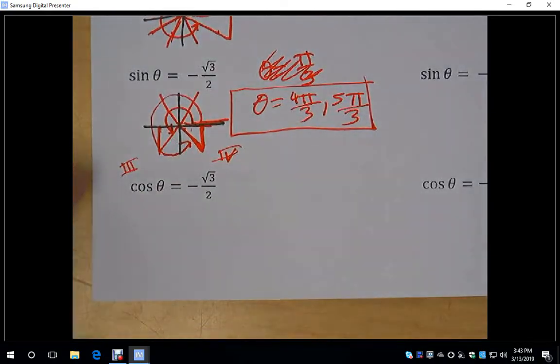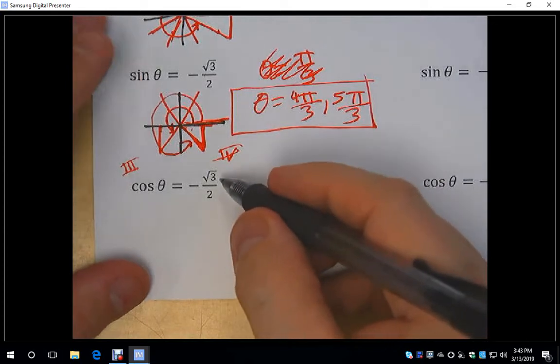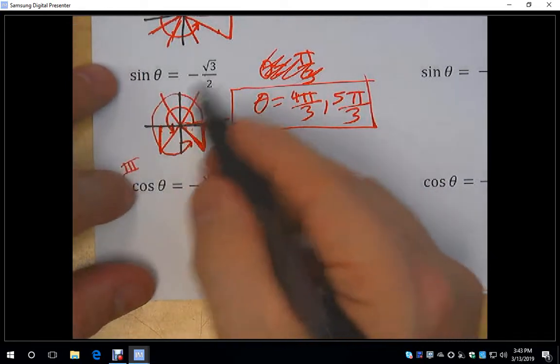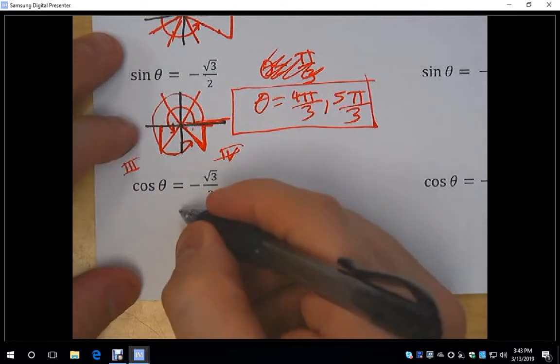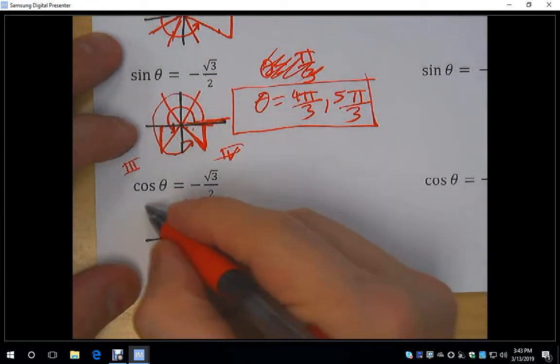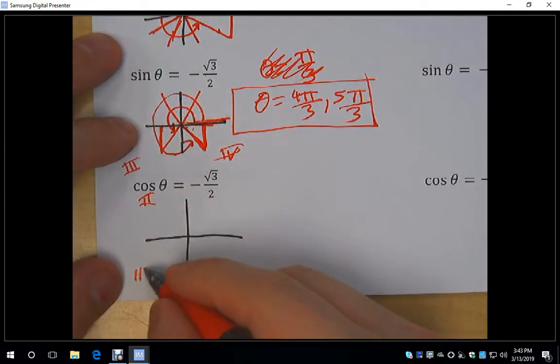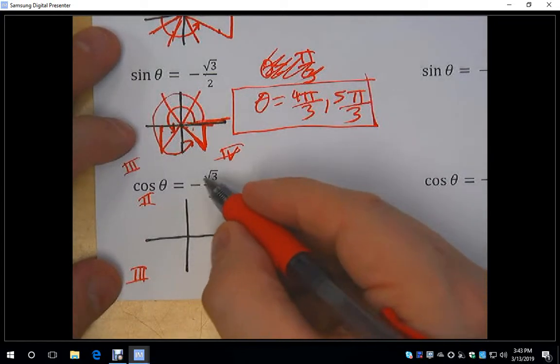Let's look at cosine theta equals the negative square root of 3 over 2. We're looking at the same thing, except cosine is negative, and cosine, which is our x value, is negative in the second and third quadrant. So what is the square root of 3 over 2?